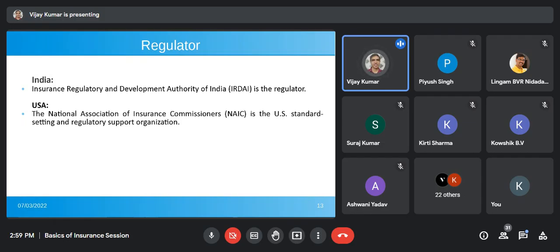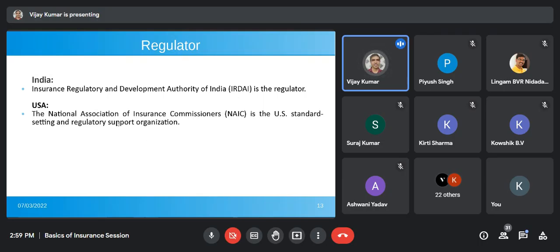All those things are defined by RBI for the banks. Because RBI is the regulator, we call it the regulatory body. Similarly, in the insurance domain, we have a regulatory body, which we call the Insurance Regulatory and Development Authority of India, in short IRDAI.